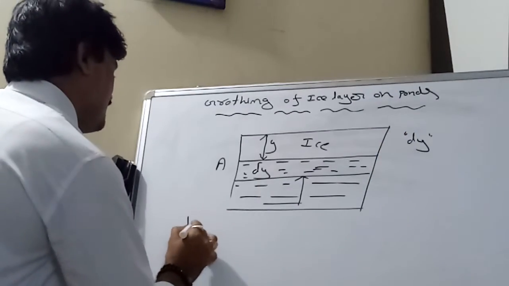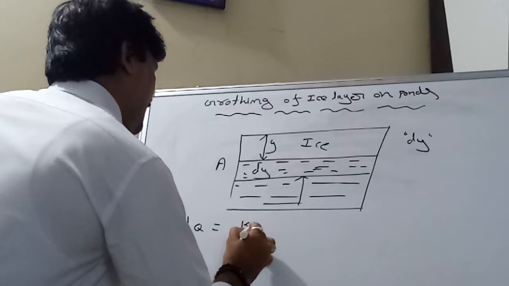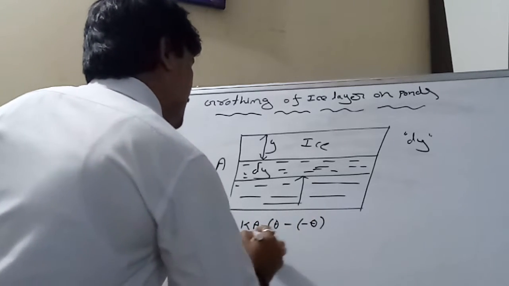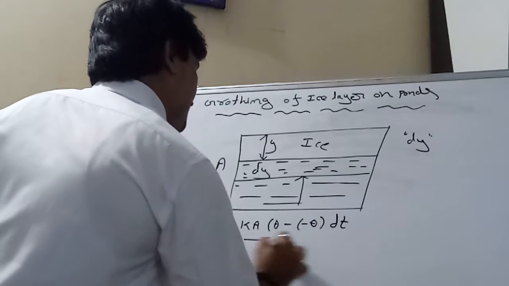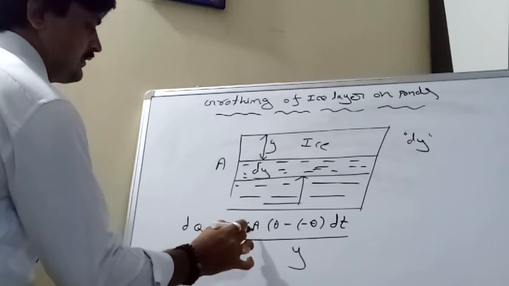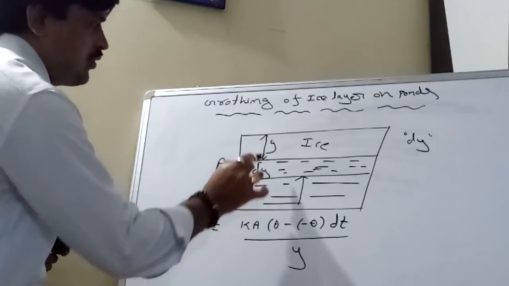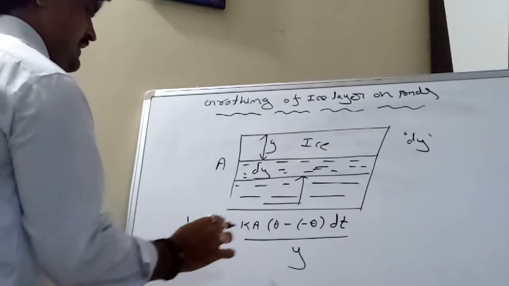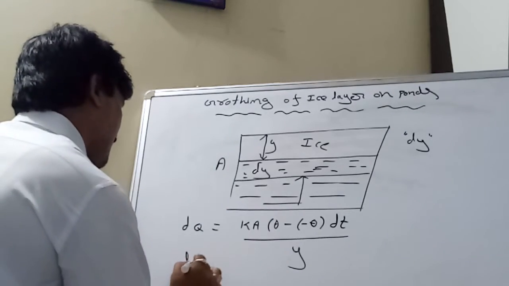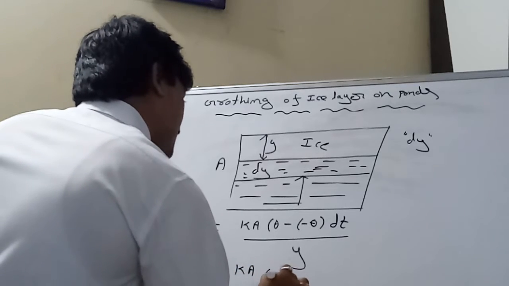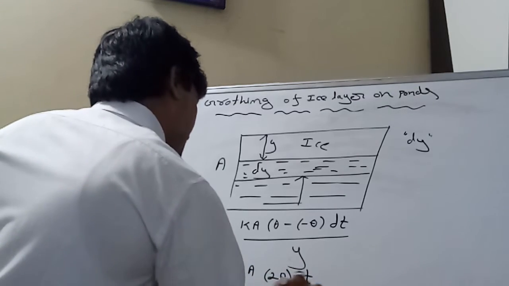So dQ is equal to K A (theta minus theta') dt by y, where K is the coefficient of thermal conductivity, A is the area of cross section, y is the thickness of ice, and dt is the time. So dQ equals K A theta dt by y.